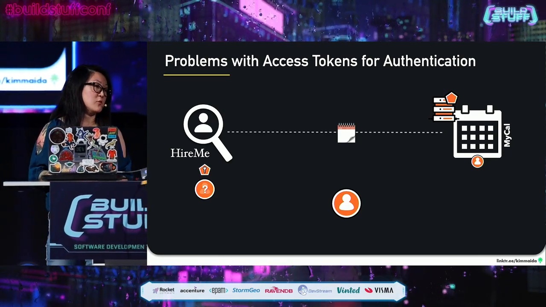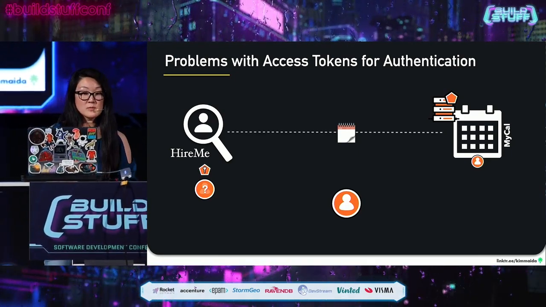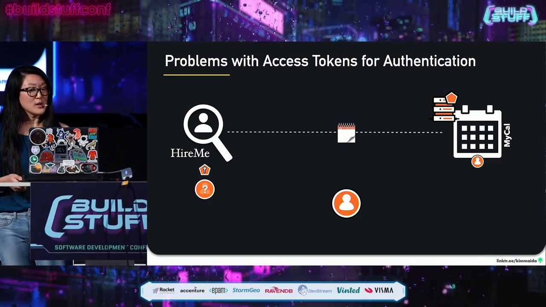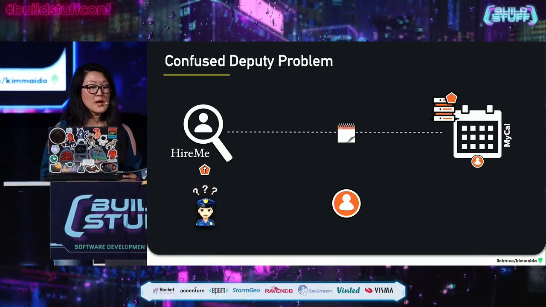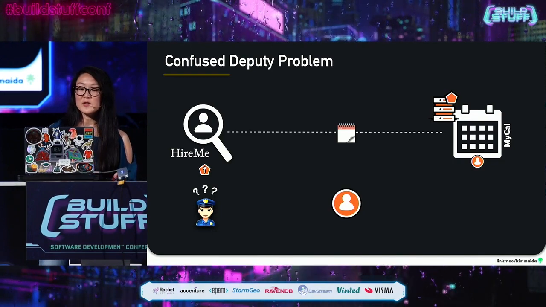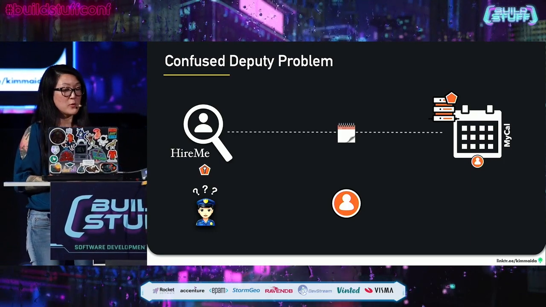Therefore, somebody could have stolen this token. The token could be for a completely different user, or it could have even been obtained for a different client that's not HireMe and then injected into HireMe. And we call this the confused deputy problem. HireMe doesn't know where this token came from, nor do they know who it was issued for.